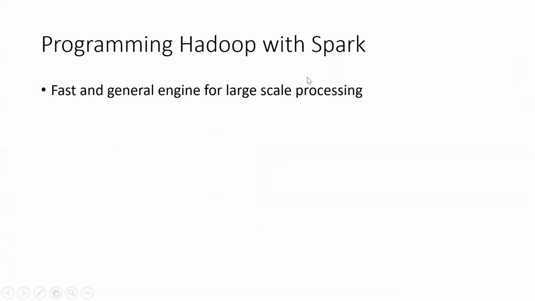Basically it's a fast and general engine for large scale processing. The stuff we have learned for Hadoop, a similar kind of architecture is also there for Spark itself. So let's go ahead with some basic example. If we are doing some PySpark coding, whatever we have learned on the Python side, the same thing we need to write over there on top of Spark.